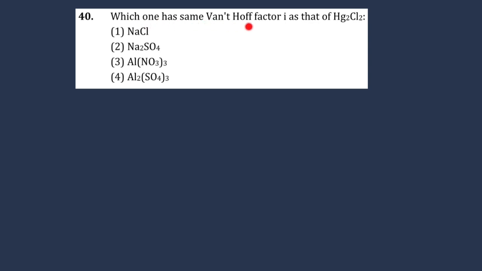Next, 48th question. Which one has the same Van 't Hoff factor i as that of Hg2Cl2? This is the most important one, because students may consider Hg2Cl2 as 2 Hg plus 2 Cl minus, meaning a total of 4 particles. That is wrong, because we write the formula according to the crisscross method.